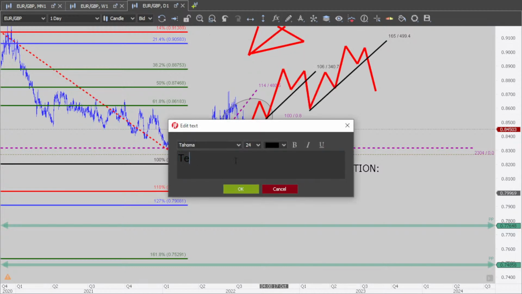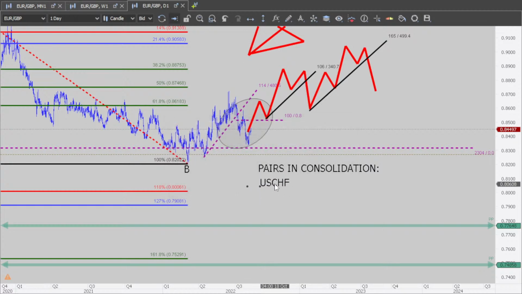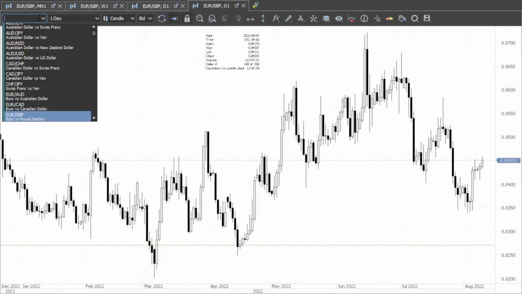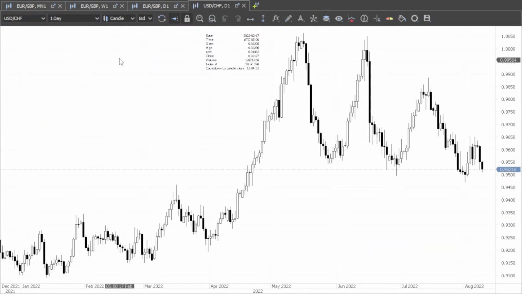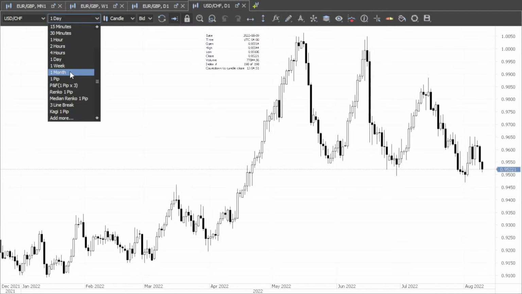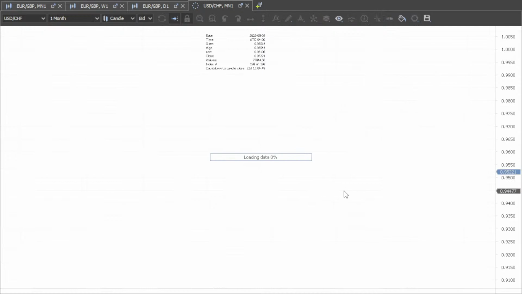We have 3 more. USD CHF, everybody. Don't use Fibonacci's on USD CHF. We have 3 more. One you are looking at right now. USD CHF. Monthly chart.